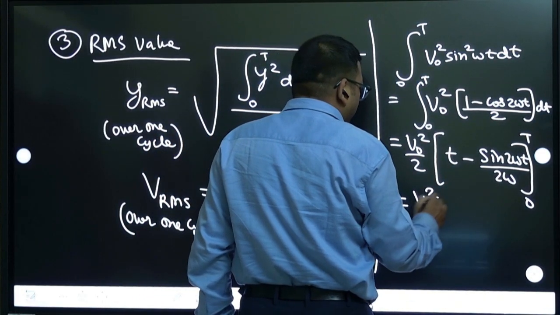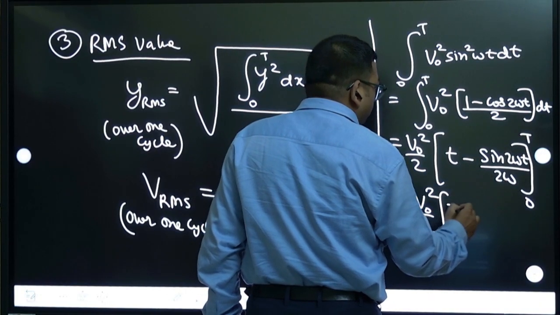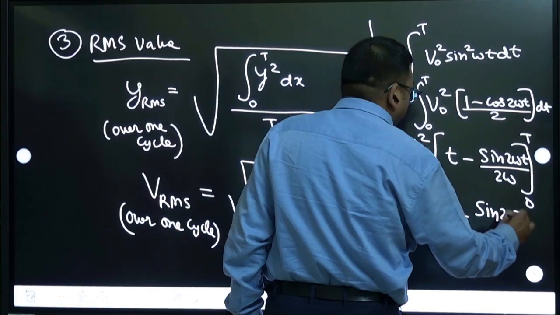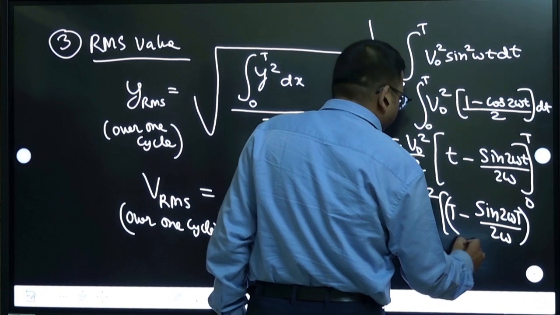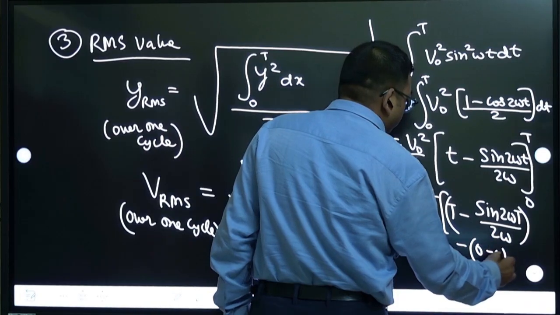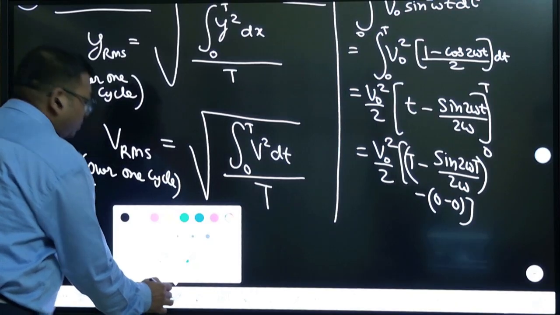So v naught square by 2, put the upper limit: T minus sine of 2 omega capital T by 2 omega. This is the upper value minus the lower value, sine 0, which is also 0. So now let us calculate how much it is going to come.